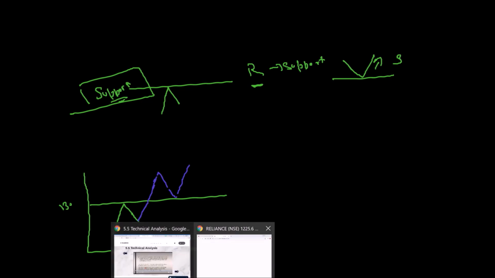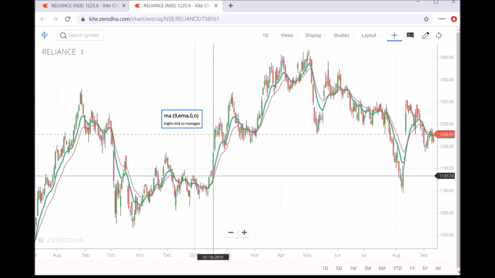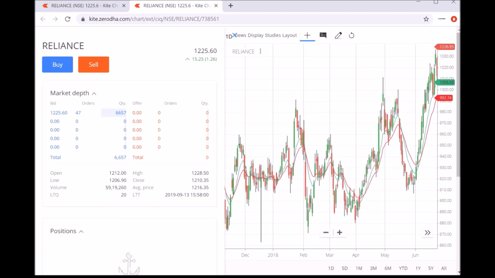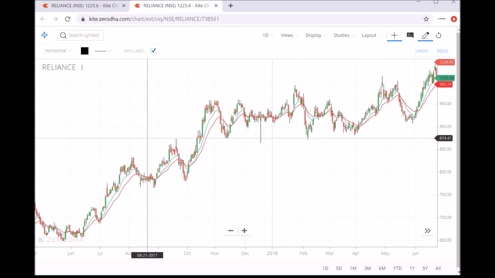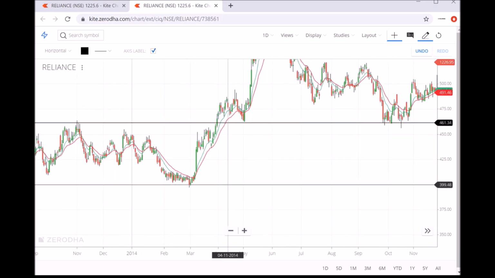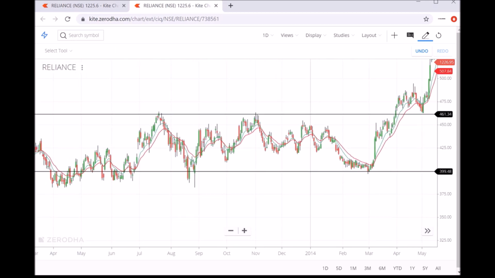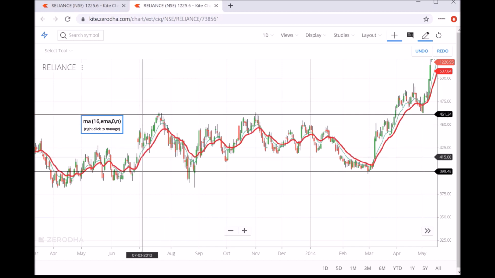Let's try to see this on a graph. So I've drawn this for you. When we look at it here, 463 seems like a price which is difficult to break.